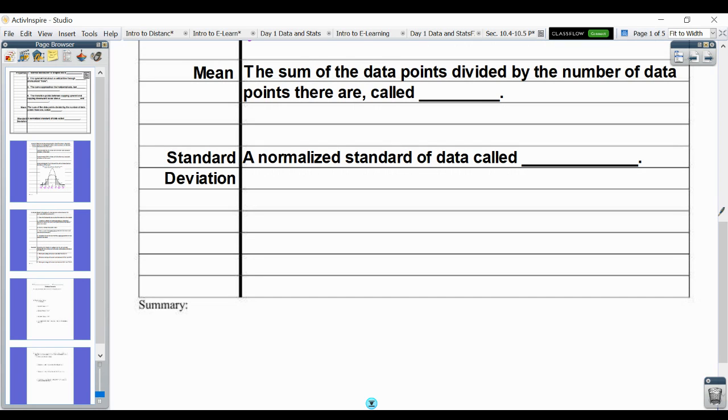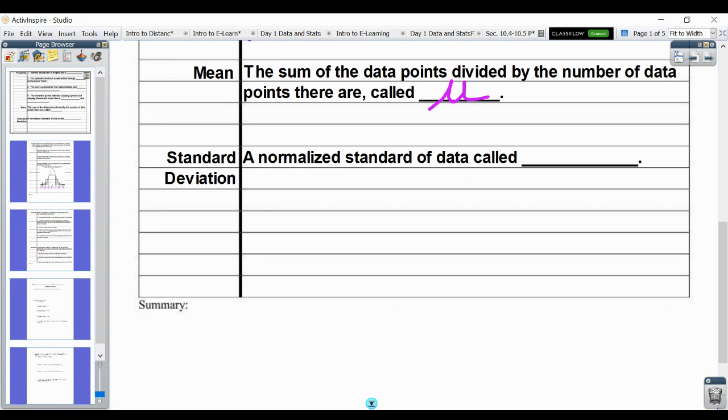Mean is something we've talked about before. You are calculating the sum of the data points and dividing by the number of points that there are. So again, that's called the mean, but when we talk about it in terms of the standard or the normal curve, it is called mu. So anytime you see that mu symbol, you're talking about the mean.